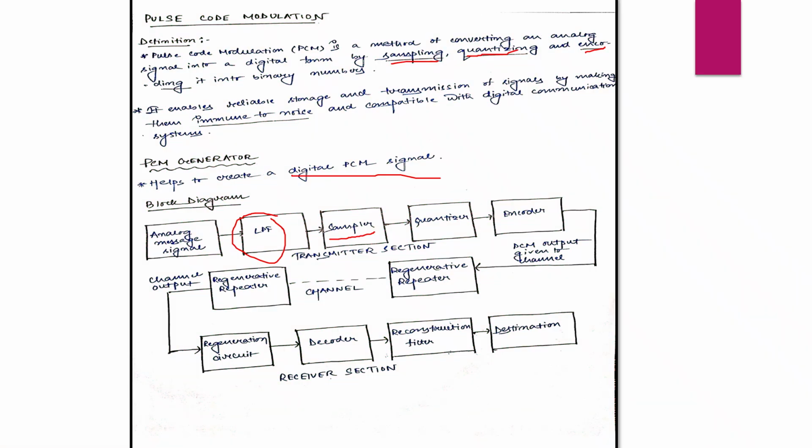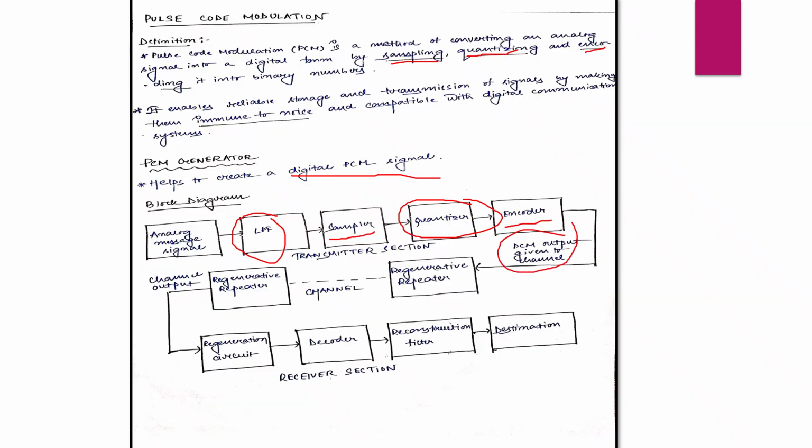Then the signal is passed to the quantizer, which we use to approximate the signal values. Then it is passed to the encoder, and the encoder changes this quantized value to a binary code, which becomes the PCM output into a channel.